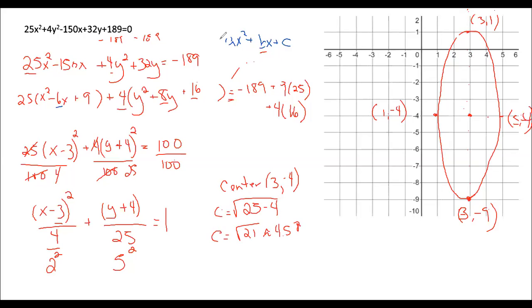So we're going to move down 4.58 and up 4.58, but we usually leave it as the square root. We're moving in our y direction. Our y started at negative 4, so we're going to go to 3, negative 4 plus the square root of 21, and 3, negative 4 minus the square root of 21. These are our foci.